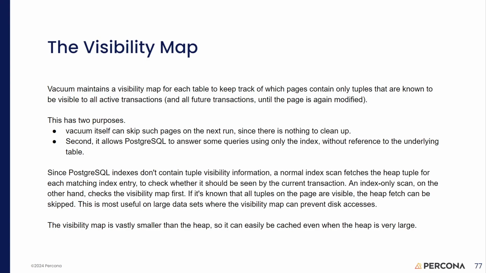Now, the great thing here is that vacuum can look through the visibility map and see if there's anything to clean up and what specifically it is. Also, in some cases, it allows the server to answer some queries using only the information from the index without having to dive into the data itself. So the good news is that the visibility map is smaller than the heap, so it's a lot easier for the system to go through there.